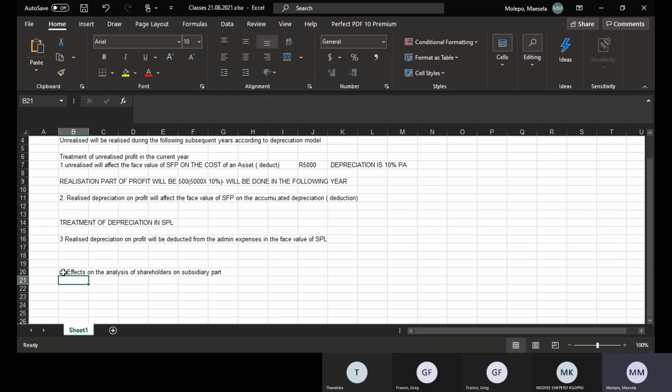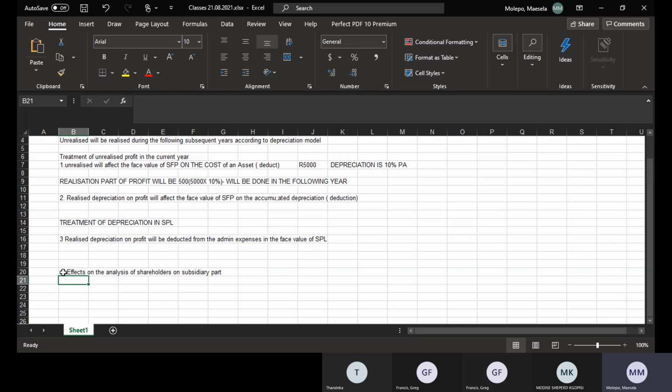So this in the analysis of shareholders will be treated as follows. One, the profit which occurred, either since acquisition or in the current year, depending on the date, it will be deducted. And again, you can add the depreciation on the profit realized based on the year it occurred, which will be more on the prior year.